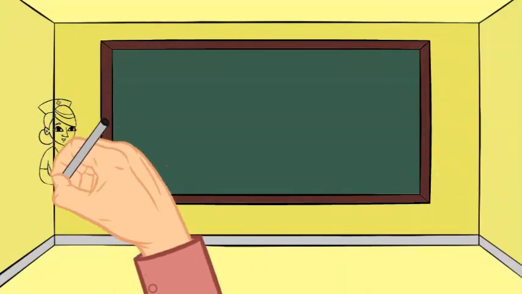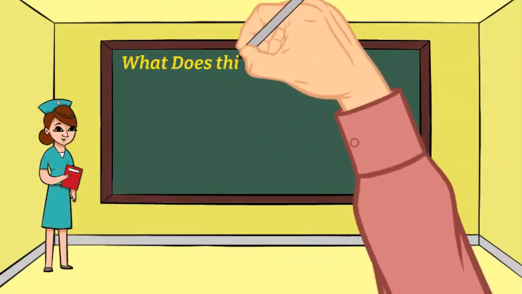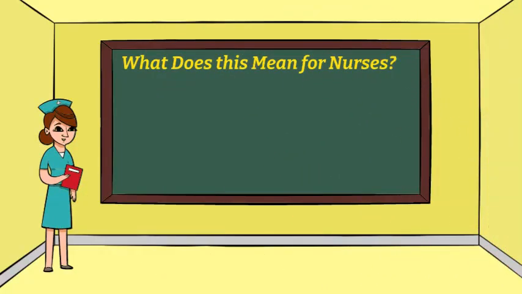What have we learned so far from this scenario? Anya was responsible for everything on her to-do list, but ultimately she was accountable to make sure that all her responsibilities were completed. How does this apply to us as nurses? The nurse is responsible for all the tasks on assigned patients.